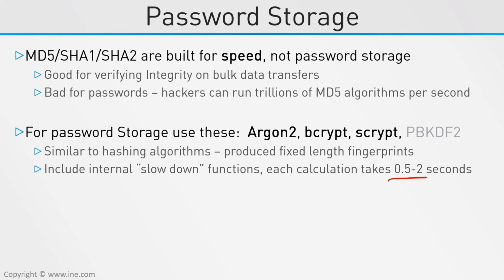But if an attacker is trying to create a lookup table and they need to run 1 trillion iterations of the hashing algorithm, that's going to take 1 trillion seconds, which is something in the vicinity of 1,000+ years. So using these slower hashing algorithms makes creating a lookup table unreasonable. On this list, Argon2 is your most secure by current standards, followed by Bcrypt and Scrypt, and then if either of these three are not available, PBKDF2 is an option.